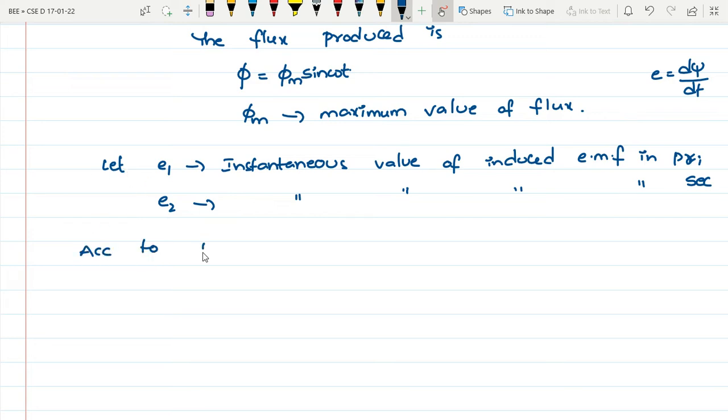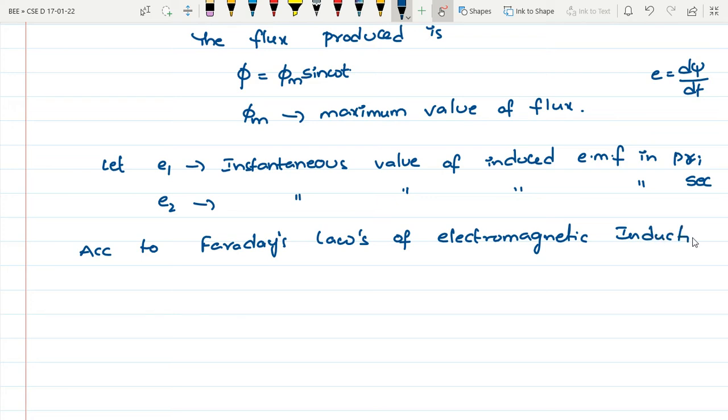So according to Faraday's laws of electromagnetic induction, EMF will be induced, and the magnitude of the EMF is given by, let us assume e1 in the primary, e1 is equal to d psi by dt.